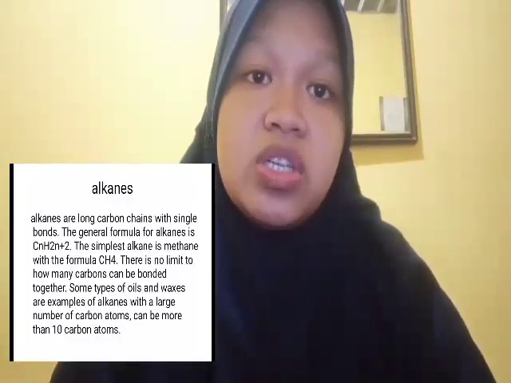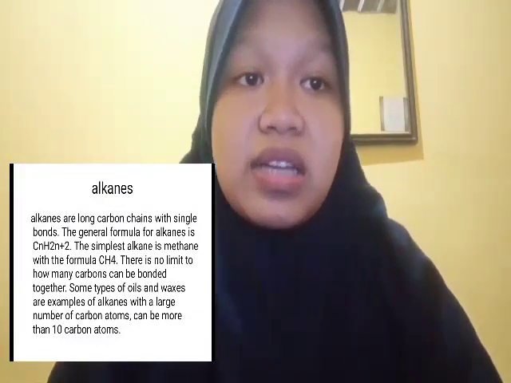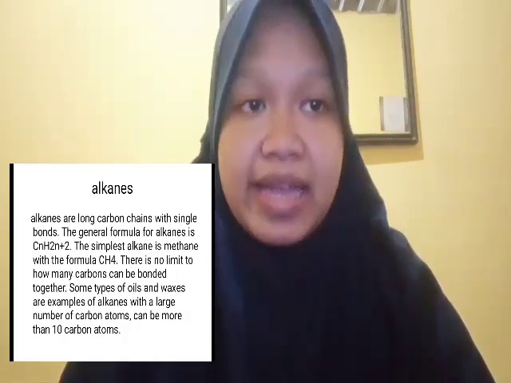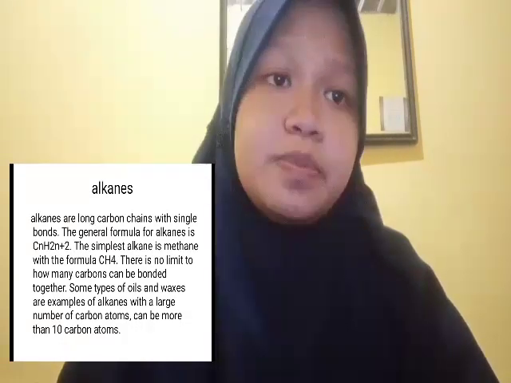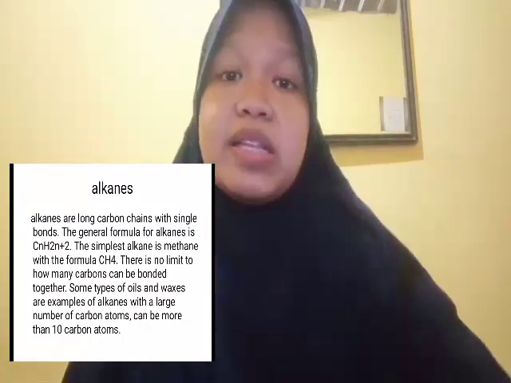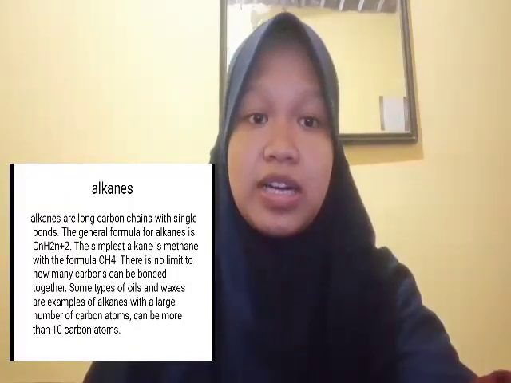Okay, the first is saturated hydrocarbons, which are alkanes. Alkanes are long carbon chains with single bonds. The general formula for alkanes is CnH2n+2. The simplest alkane is methane with the formula CH4.